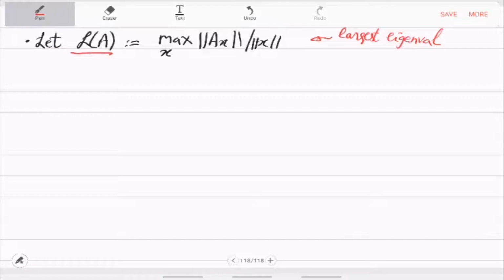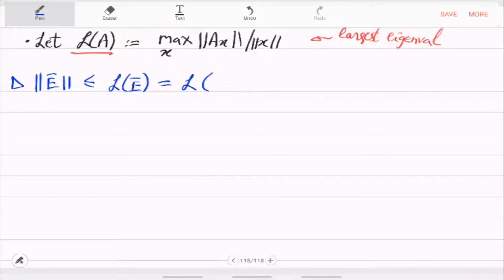So observe that for this error matrix E bar, the matrix norm or spectral norm is at most the L norm by definition, and E bar was A prime minus J by D. We want to upper bound this.